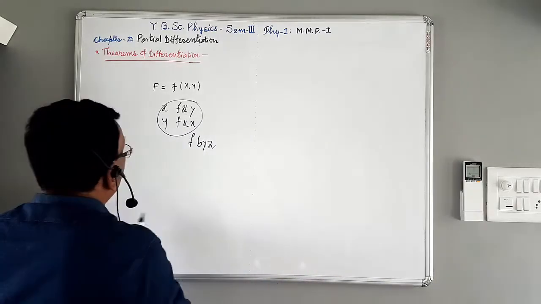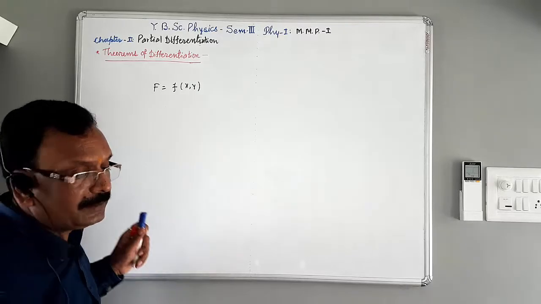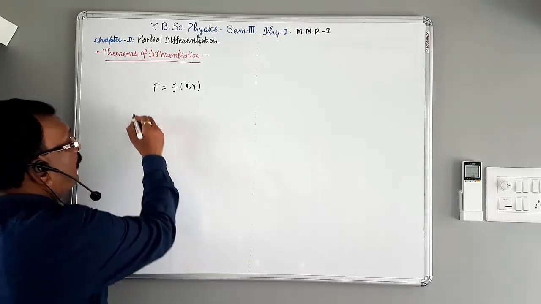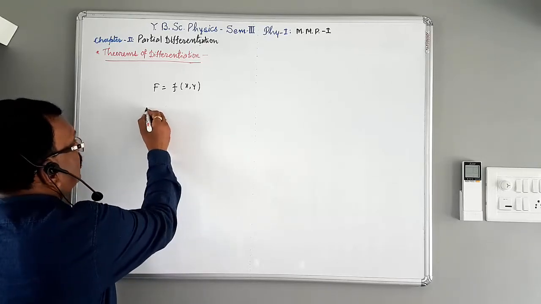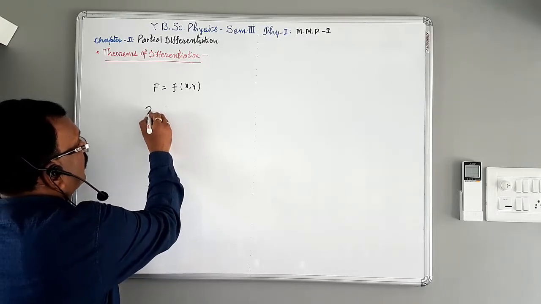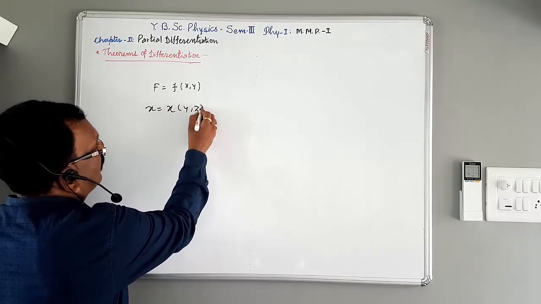Now, imagine that x is a function of y and z. That is, we can write x is a function of y, z.